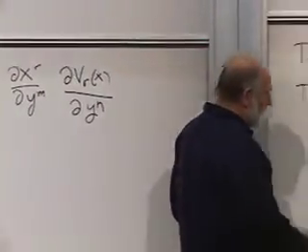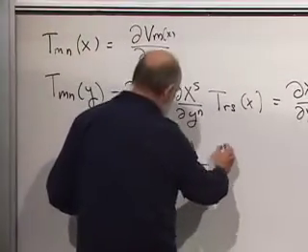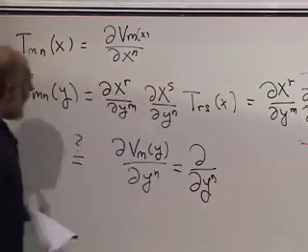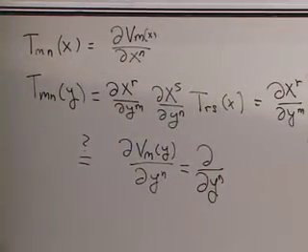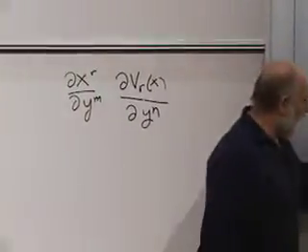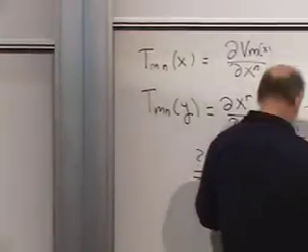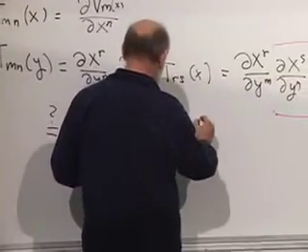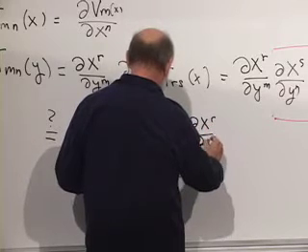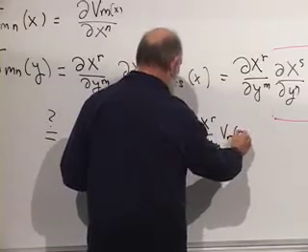That's easy to do. We just write that Vm of y, this is the derivative with respect to yn. And now, how do I write Vm of y in terms of x components? Well, Vm of y is the derivative of xr with respect to ym of Vr of x.